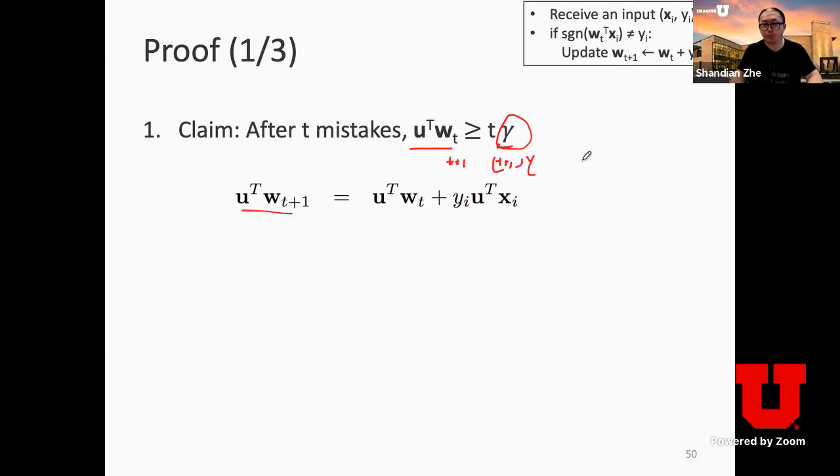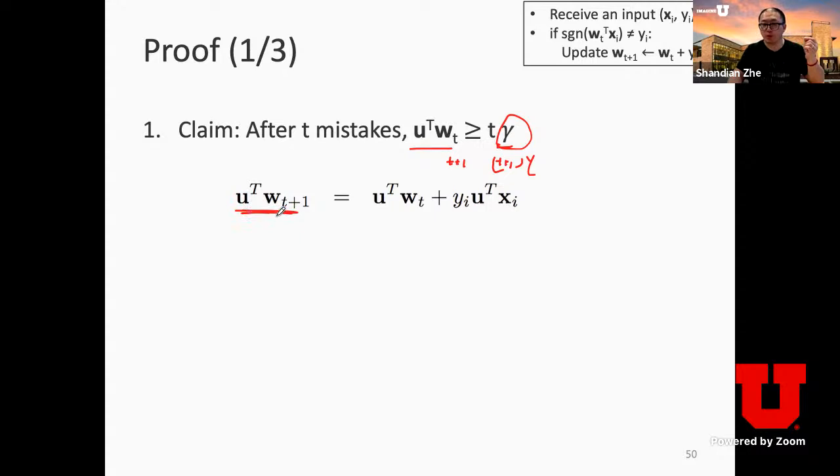So let's see if we can do this. We assume that at step t, this inequality indeed holds. Now we want to check if after t plus 1 mistakes, at step t plus 1, we can still obtain a similar inequality. Then we need to check the inner product between U and Wt plus 1.